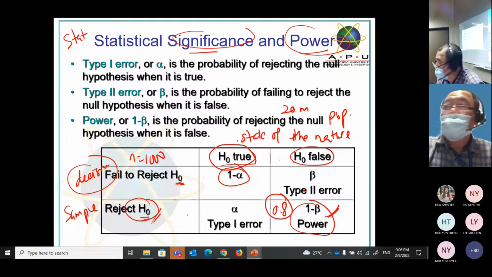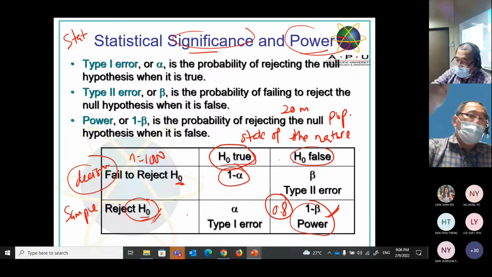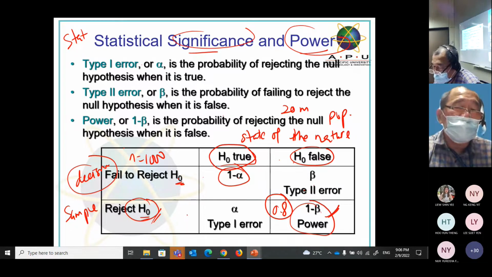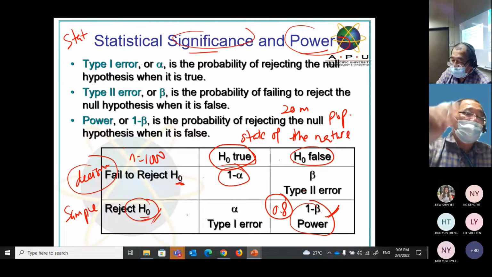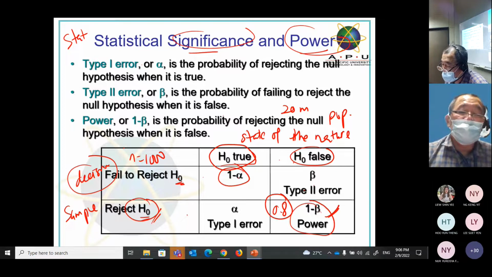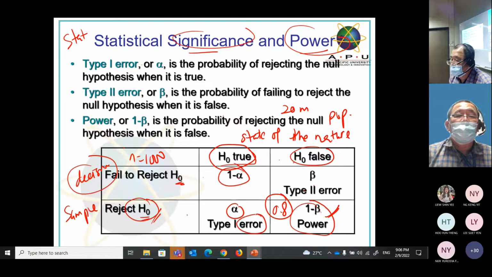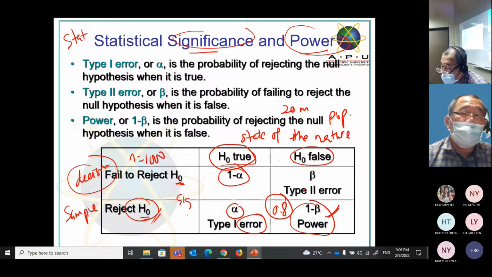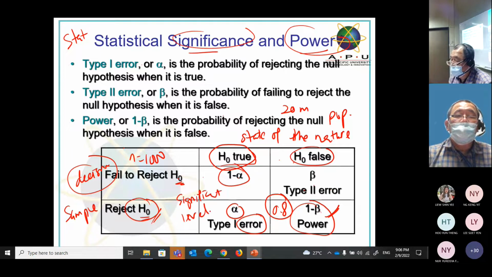It means you make a mistake. So we call this error. Alpha is the error, the type 1 error. We also call it the significant level. Same thing. So alpha is the type 1 error.